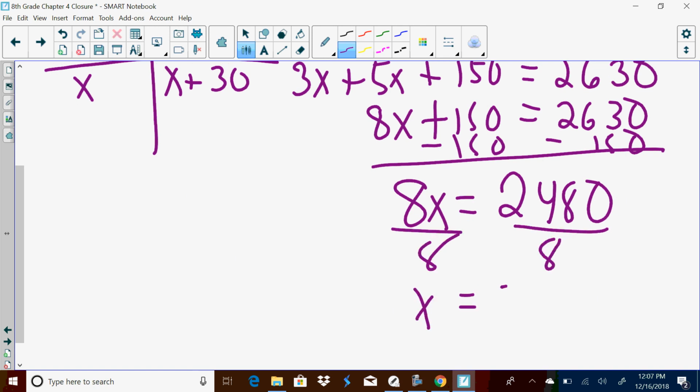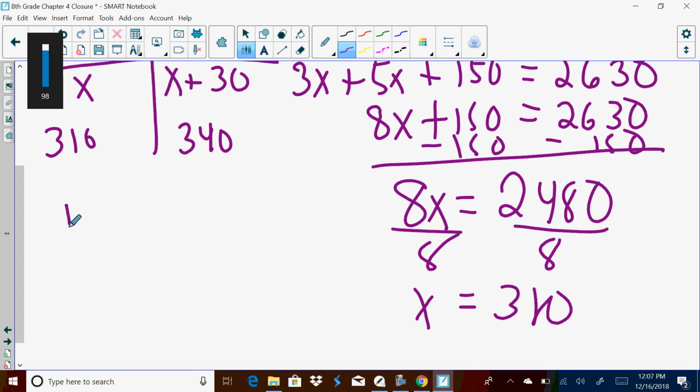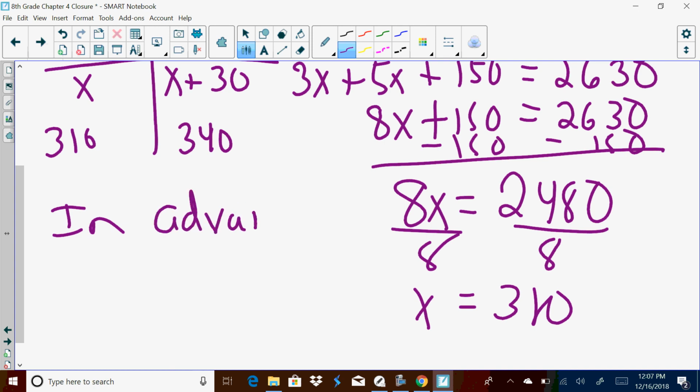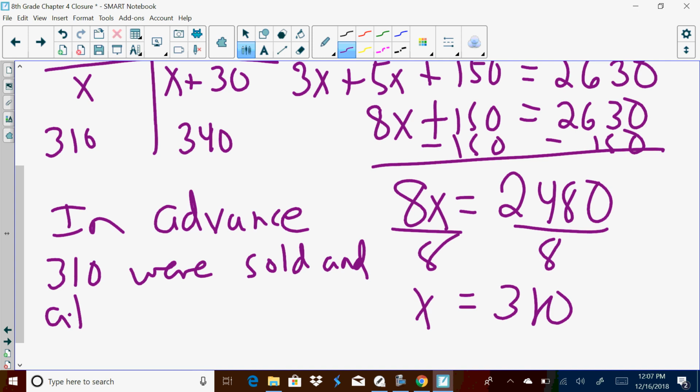Get x equals 310. So in advance, 310 were sold, and at the door, 340 were sold.